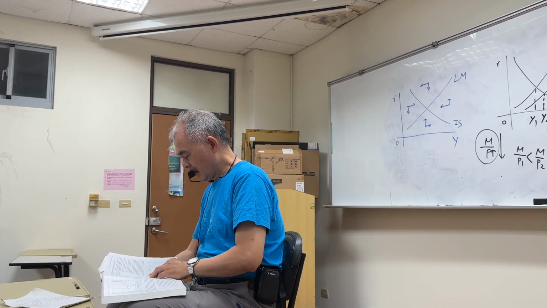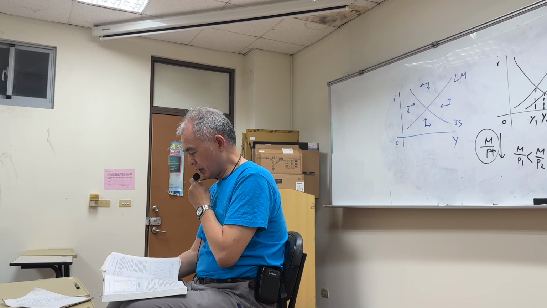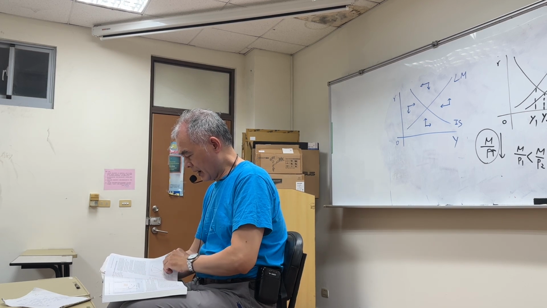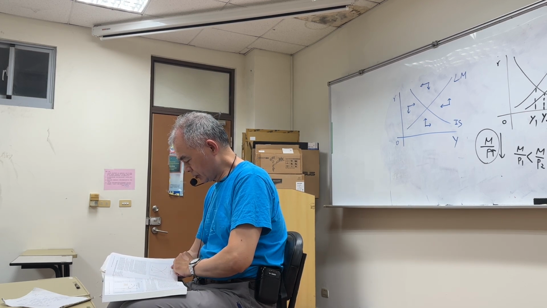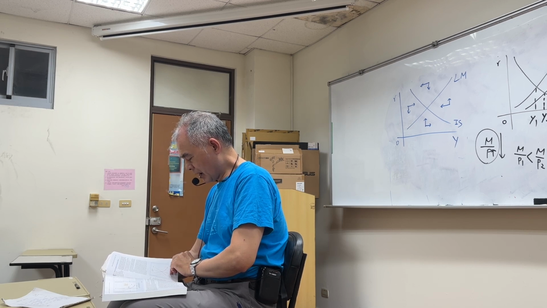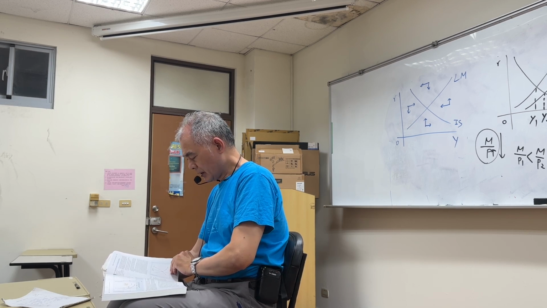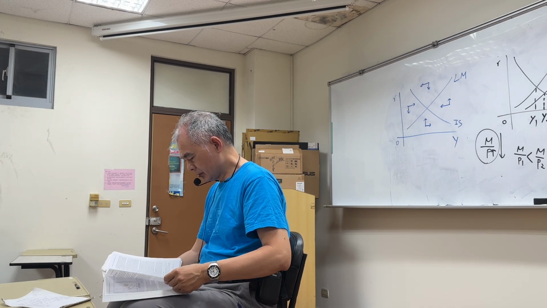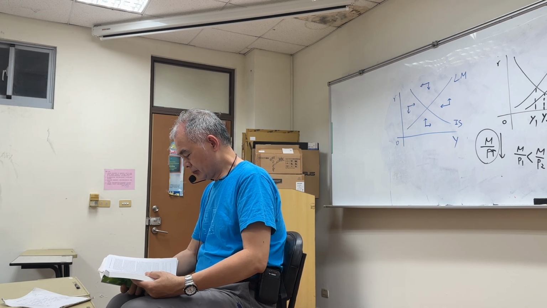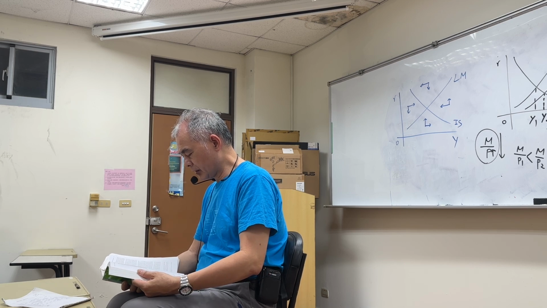Okay, and now we're going to look at the equilibrium of IS and LM. So you check page 365. So you have the IS curve and the LM curve, and then you find an equilibrium there. Okay, and you know there are a lot of factors that can affect the market.